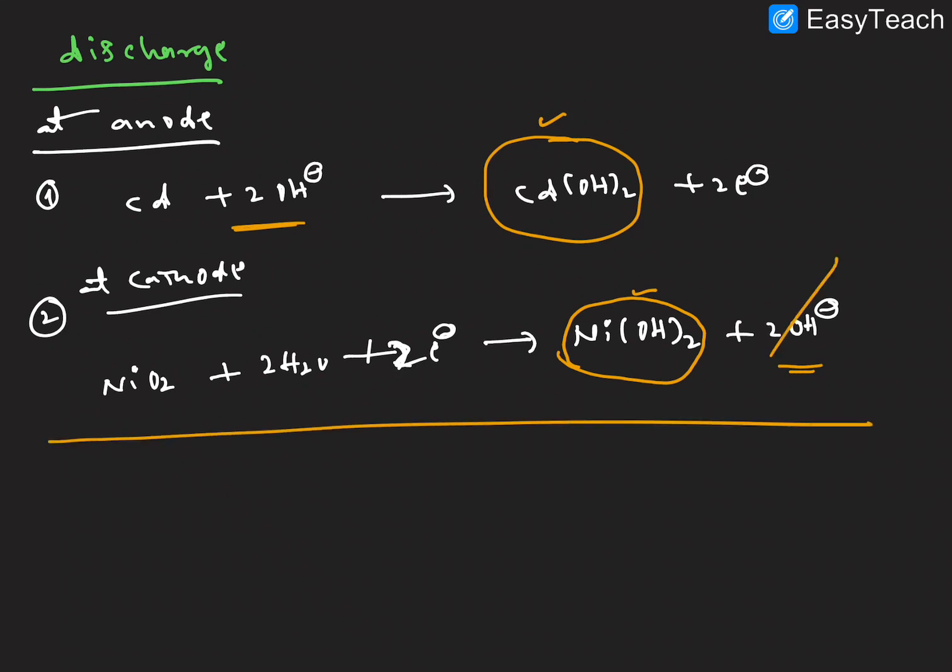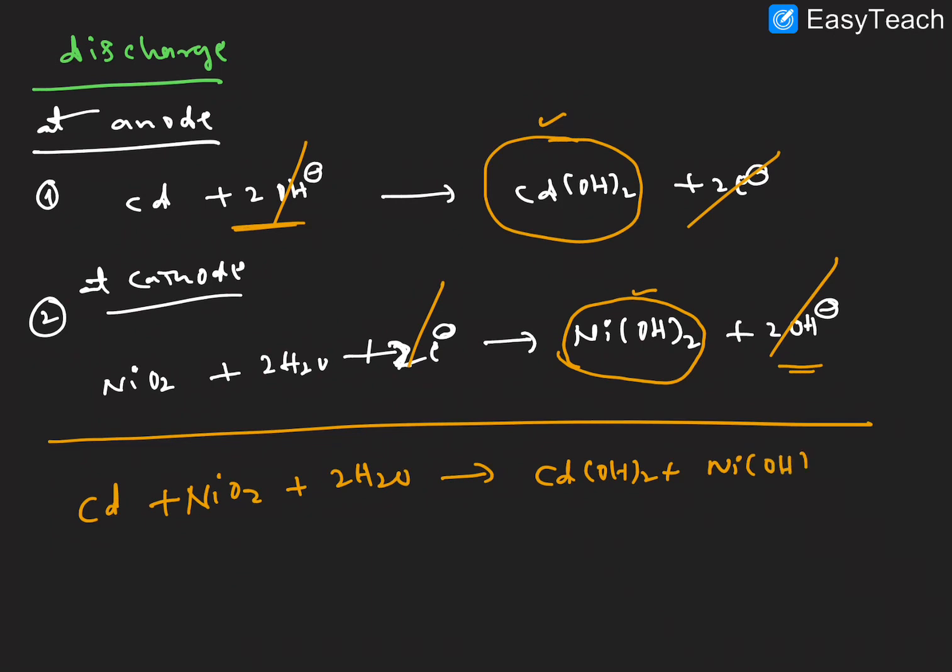So what is the overall reaction here? The 2 OH minus cancel, and the 2 electrons cancel. Cadmium plus NiO2 plus 2 moles of H2O gives cadmium hydroxide plus nickel hydroxide.